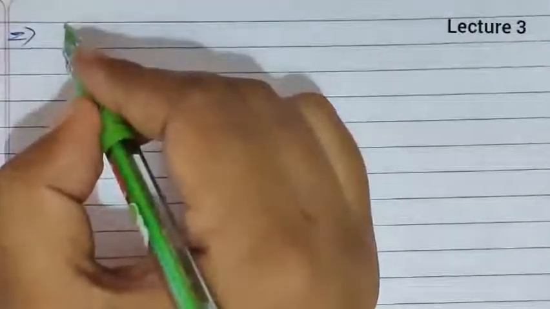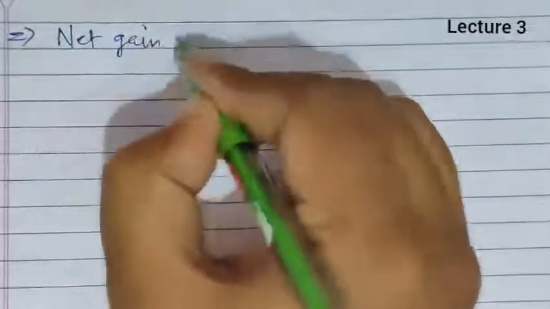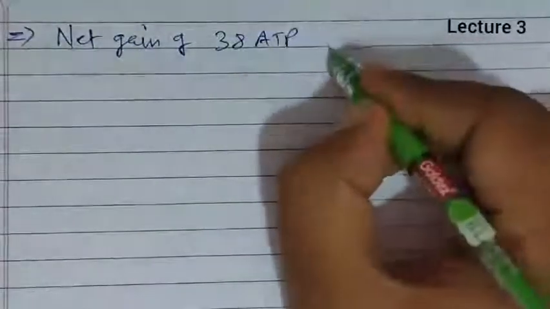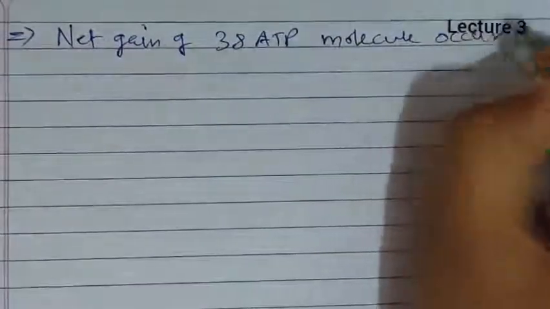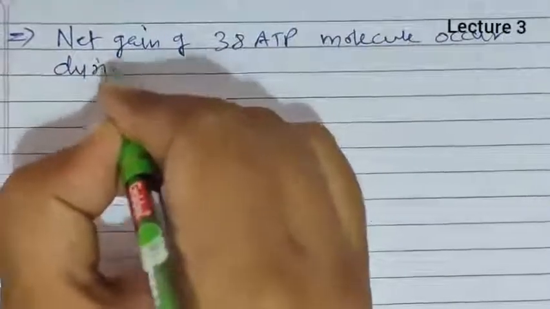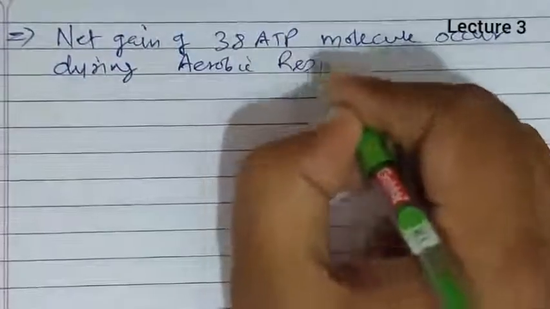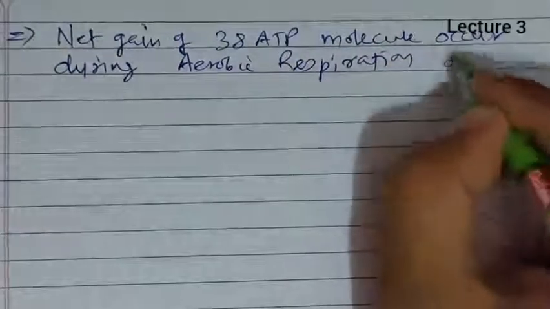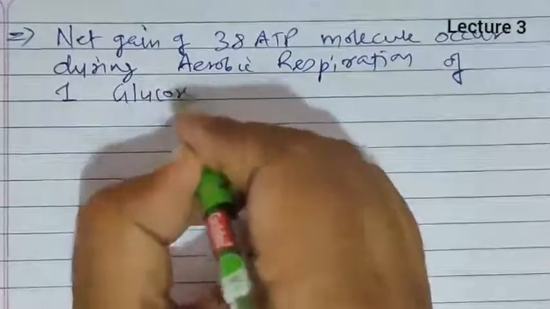So now, a net gain of 38 ATP molecules occurs during aerobic respiration of 1 glucose molecule.